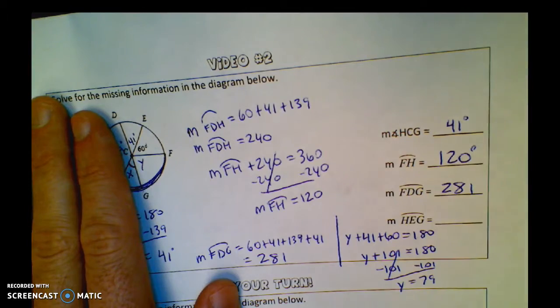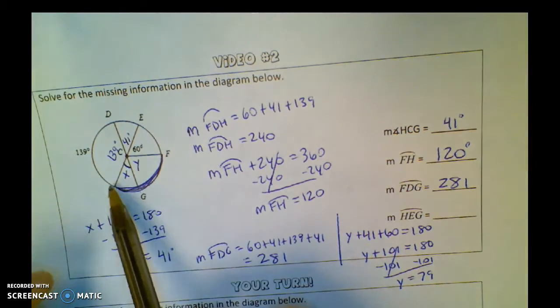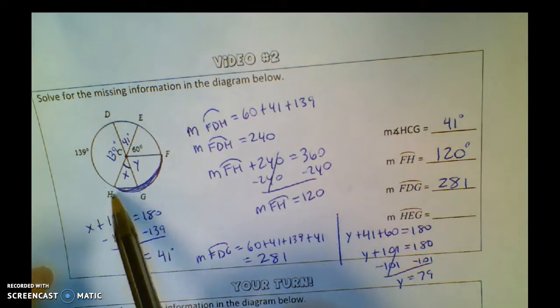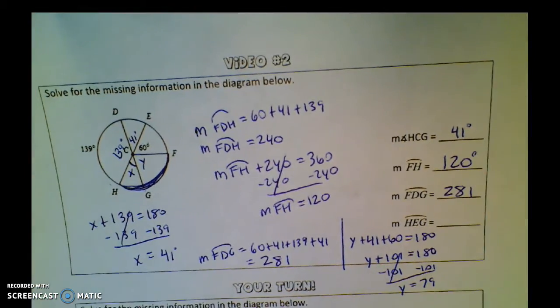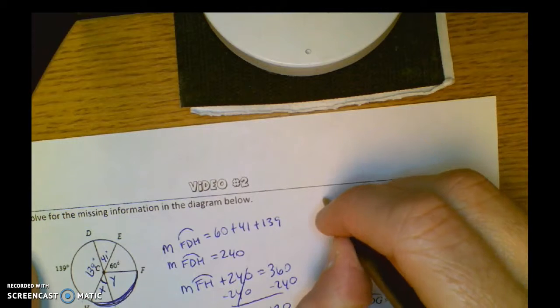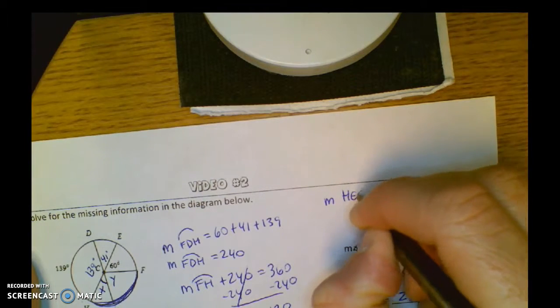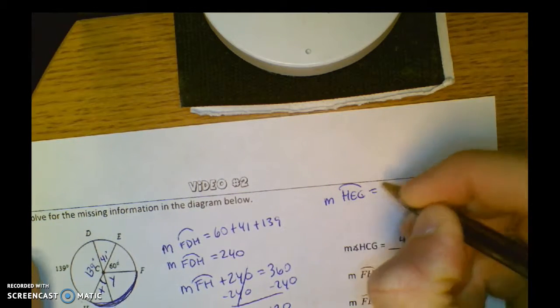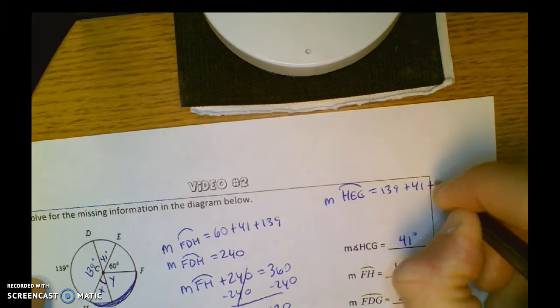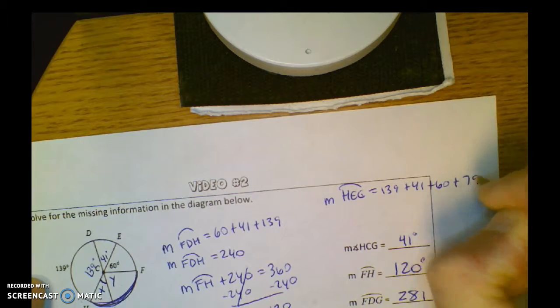So now that I know this is 79, I can add those angles together to find HEG going around the arc. HEG. So I would do, we'll write that up here, the measure of HEG equals 139 plus 41 plus 60 plus 79.